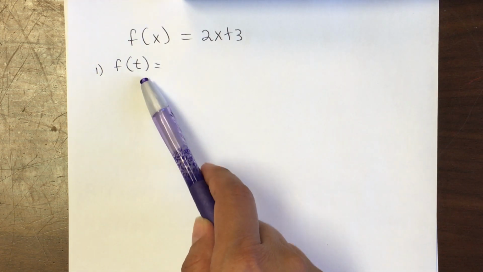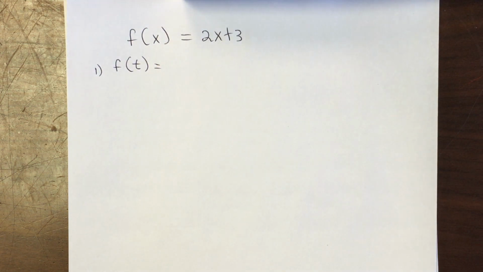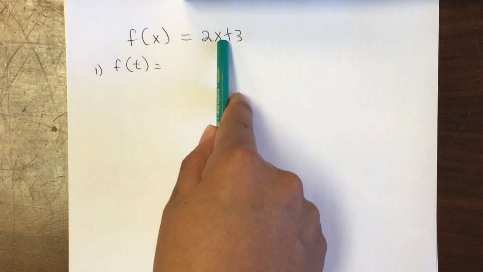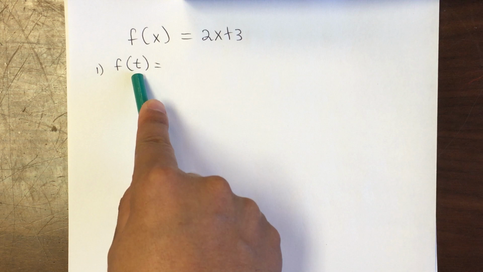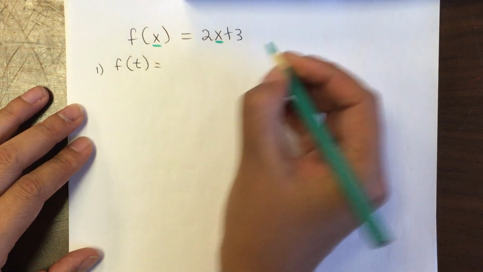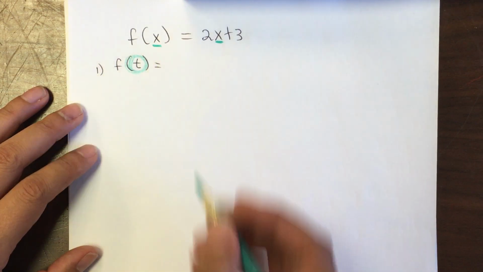All it means is replace the t wherever the x is. Replace the x with whatever is inside of the parentheses.